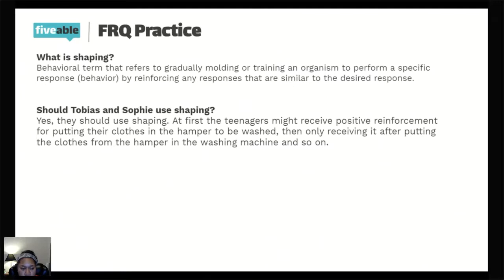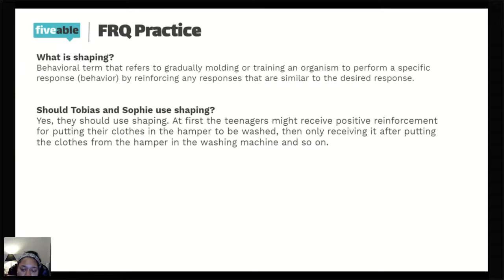So in my answer, I said putting clothes in the hamper. We're getting a little closer to the desired response. Now we're putting the clothes from the hamper in the washing machine. So we're getting even closer to the desired response. And the desired response, remember, is to get them to do laundry on their own. So basically, they're inching up to that final goal.